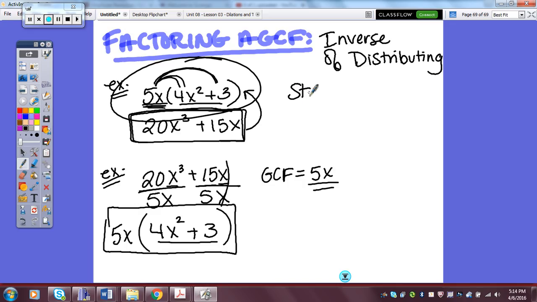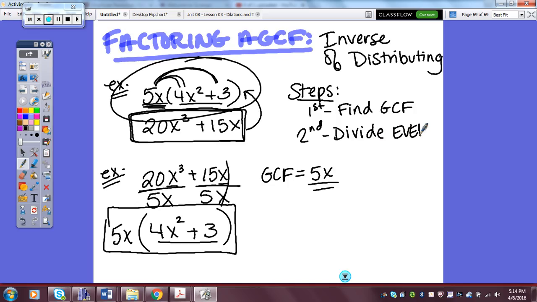So my steps: first, find the GCF. Second, divide every term by my GCF. My notation always looks like this.